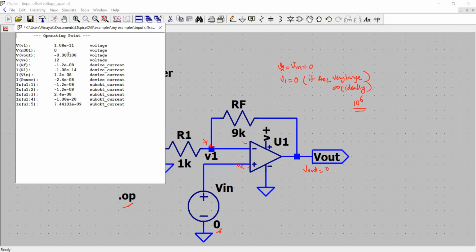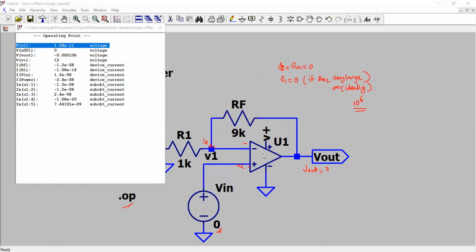And here you are, output is still present, and we have to figure out why that output is coming. 0.0001. So it's 0.1 volt we are getting here, and the voltage at the node V1 right here is pretty low. It's about 10 picovolts.